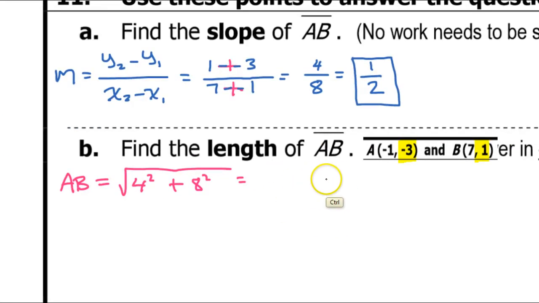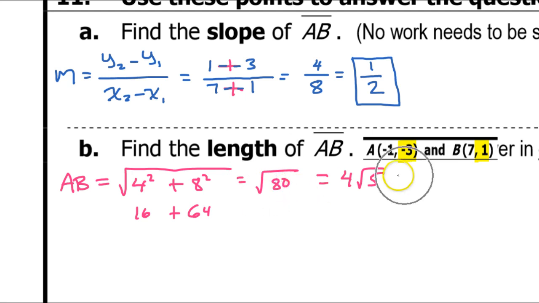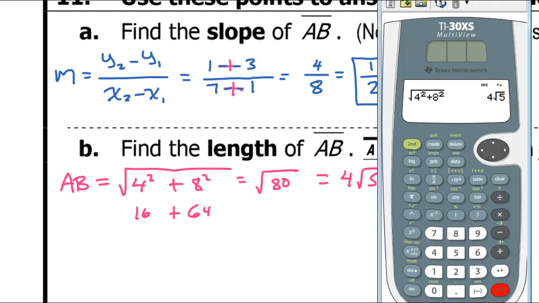So I said 4 radical 5. 4 squared is 16. 8 squared is 64. So if you add these together, you're going to get 80. So this is also the square root of 80. Okay, now as a decimal, I can just hit this button, and that is 8.944.